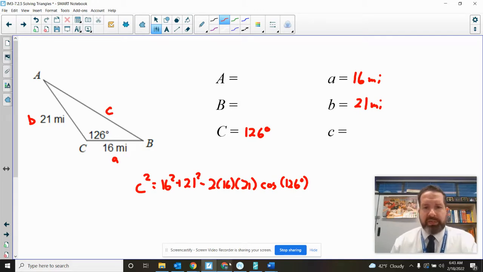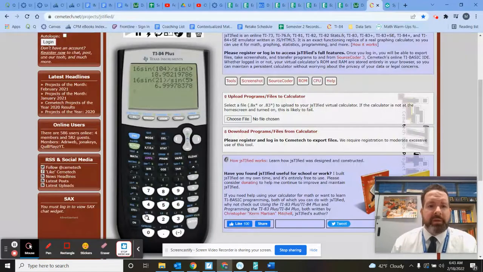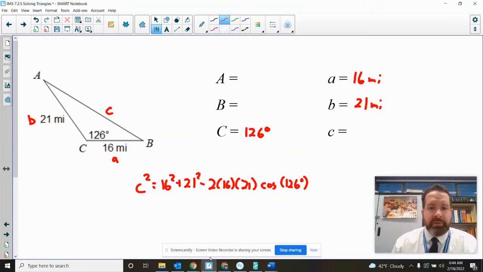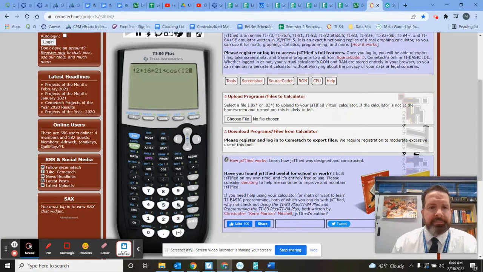I'm once again going to go to the handheld calculator. 16 squared plus 21 squared minus, cosine of, and I've already forgotten my angle, 126 degrees.